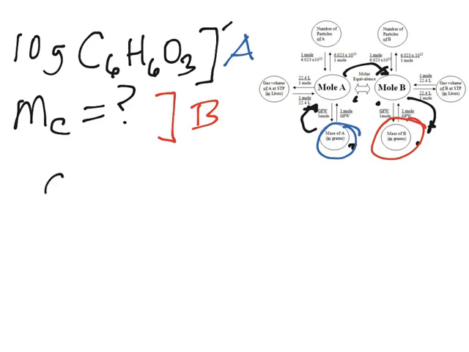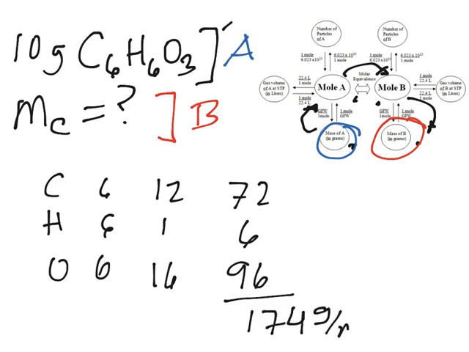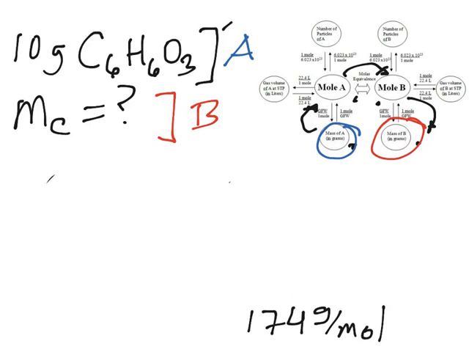It's about 12 times 6, 1 times 6, and 16 times 3, which gives 72, 6, and 48, and we get about 174 grams per mole. You know how to get the molar mass, I'm assuming. So the molar mass of A is 174 grams.